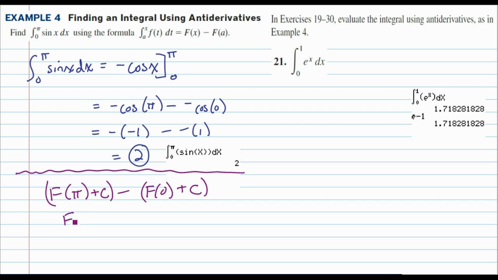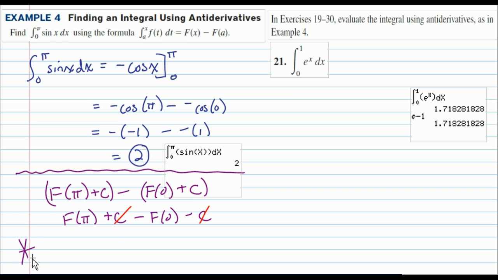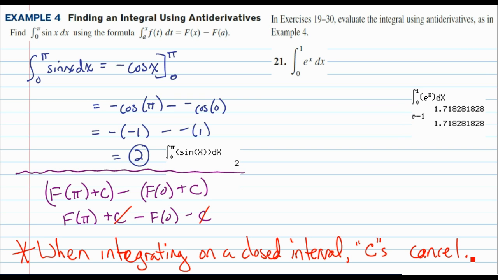Now we have F of pi plus c minus F of 0 plus c. Distribute the negative, minus c. Look what happens to the c's. You can make the generalization right now that when you integrate on a closed interval, so a number to a number, c's will cancel because of this. You'd subtract out the c's.